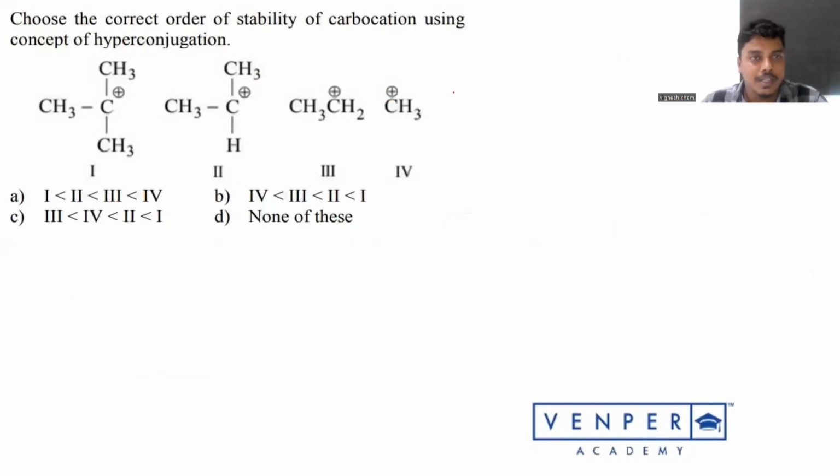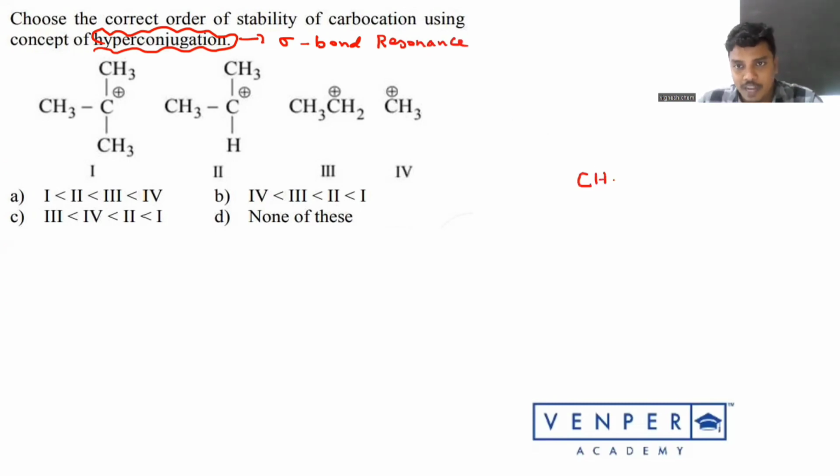Good question. They ask to choose the correct order of stability of carbocations using the concept of hyperconjugation. What is hyperconjugation? Sigma bond resonance. See, in this carbocation, for example CH2 plus, the next carbon is called the alpha carbon. The carbocation hybridization is sp2, therefore it contains a vacant p orbital.